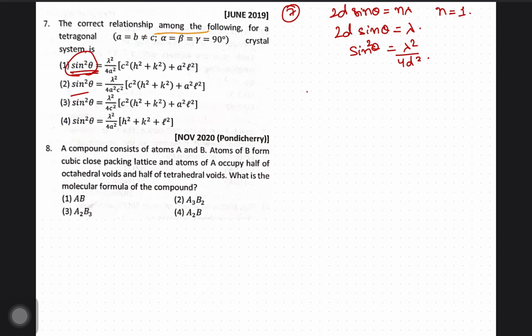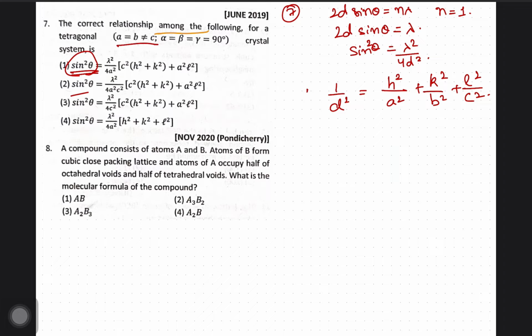Now we know that d is the interplanar distance, 1 by d square is equal to h square upon a square, k square upon b square, l square upon c square, right?